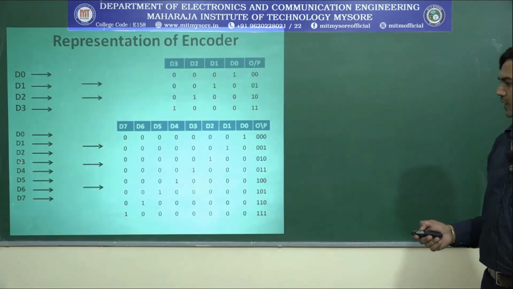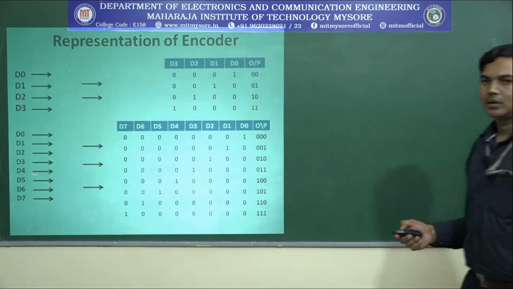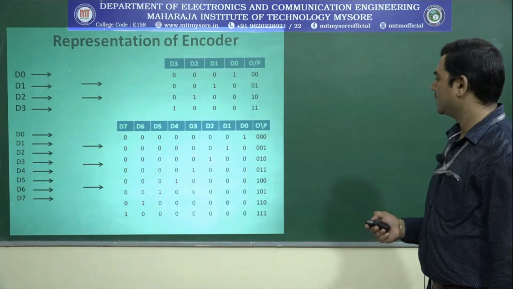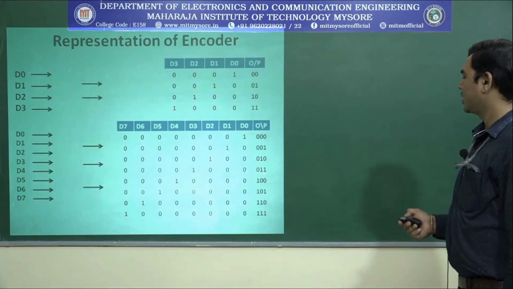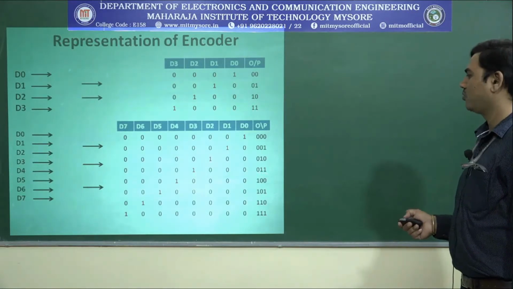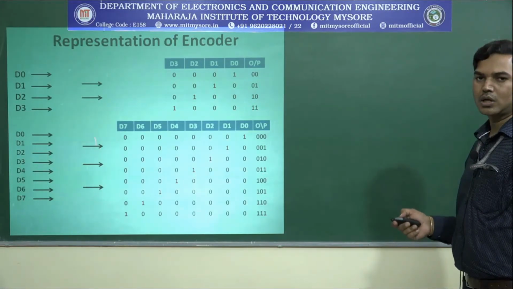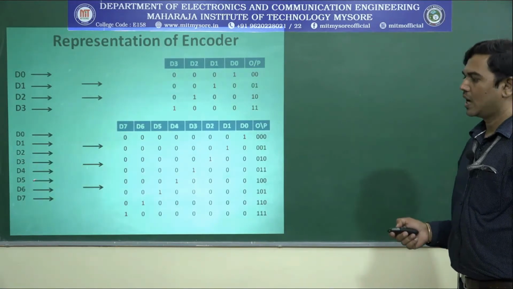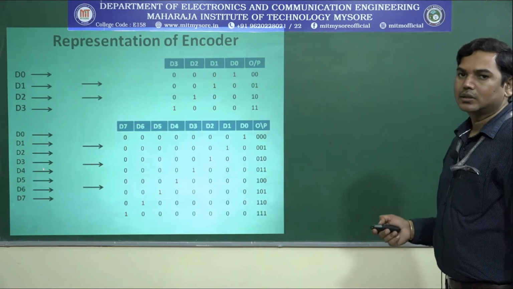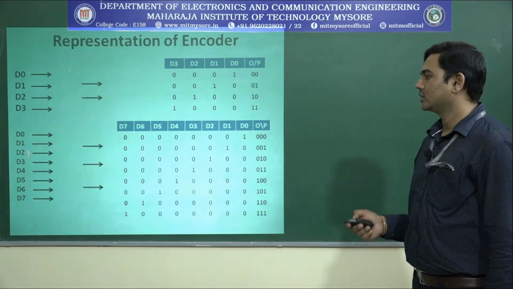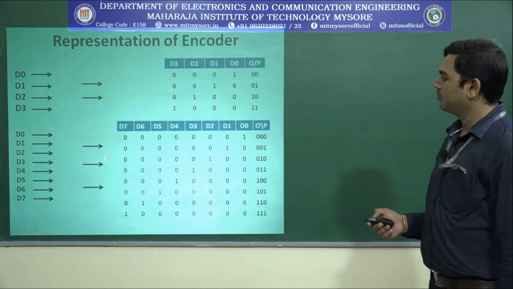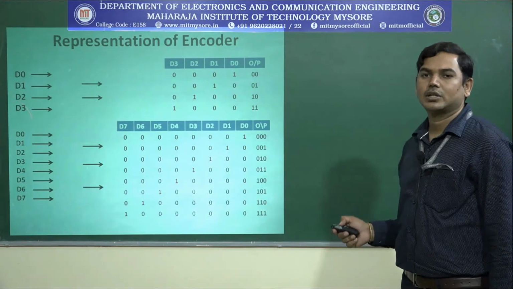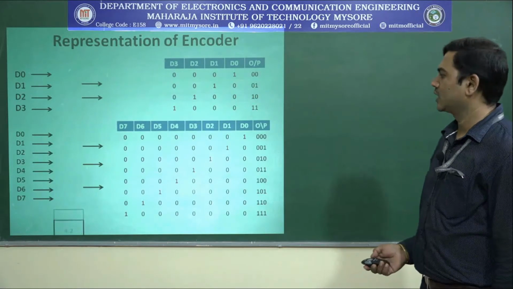If D3 goes high, then the corresponding code should be 0 1 1 at the encoder's output. So, whichever channel goes high at the input, the index of that channel should be provided at the output lines. That is the function of an encoder circuit.